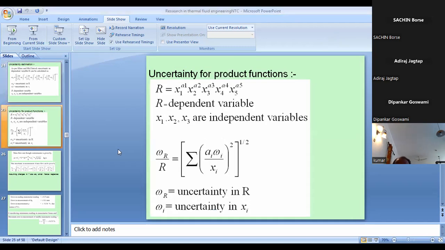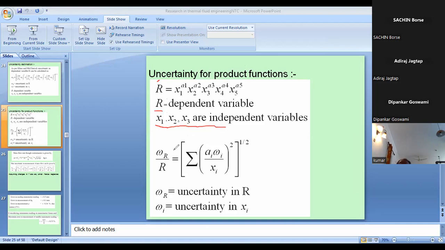Now suppose this is one equation, the relation between the dependent variable and independent variables is given by this formula. It is a product function. R is equal to x1 raised to a1, x2 raised to a2, x3 raised to a3, like this. R is the dependent parameter, and x1, x2, x3 are the independent parameters.